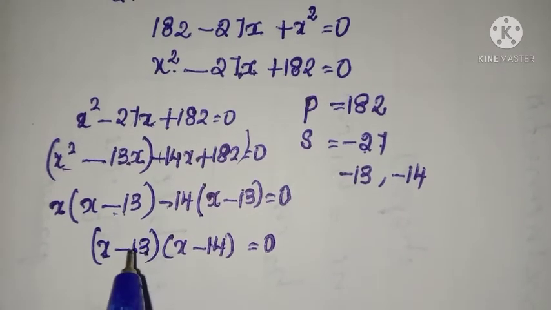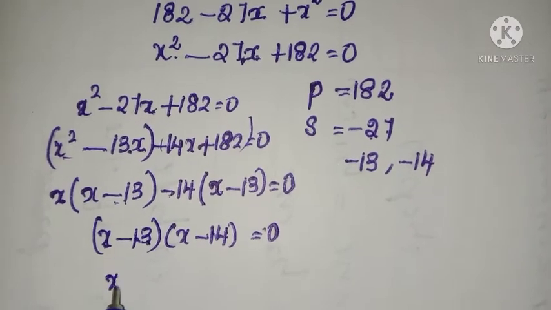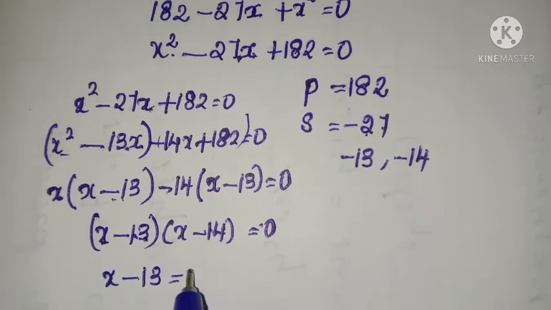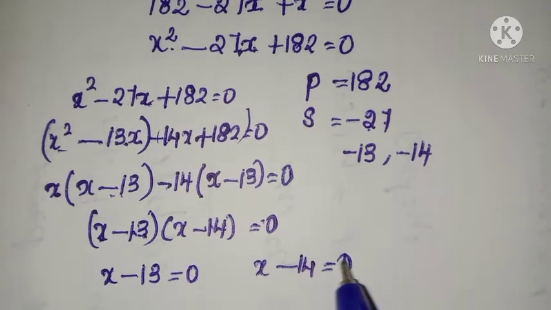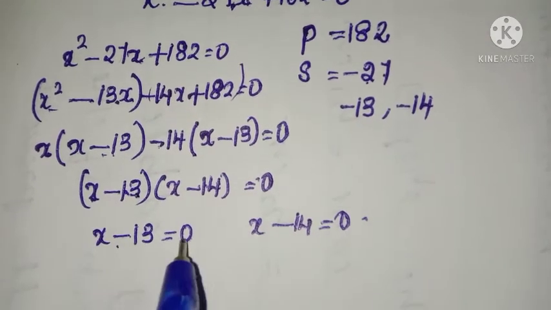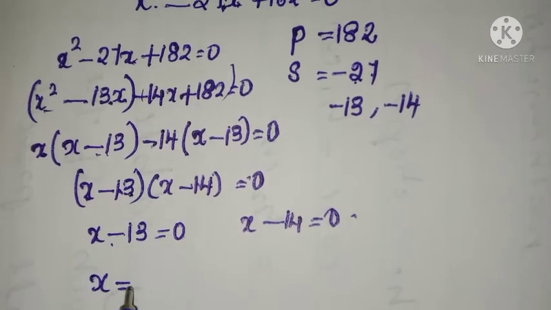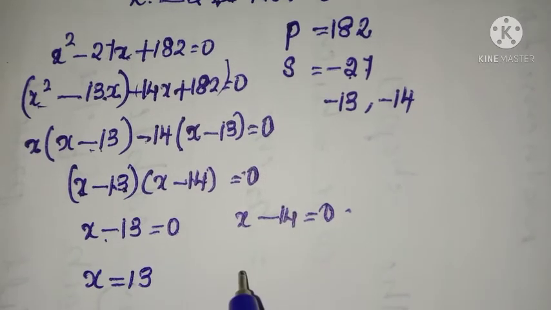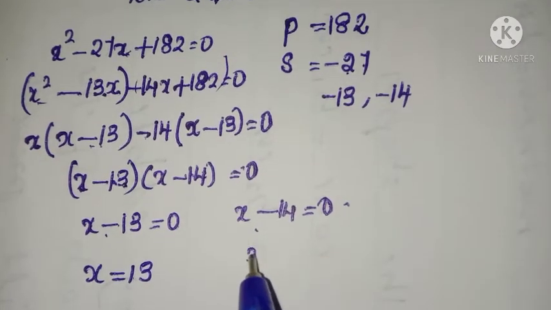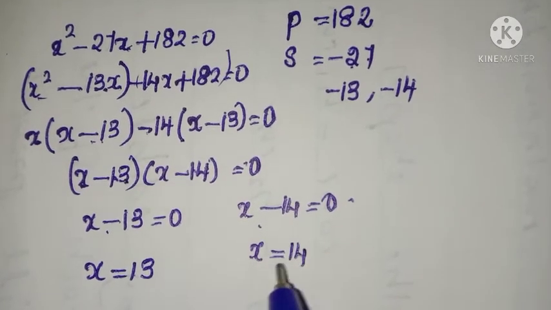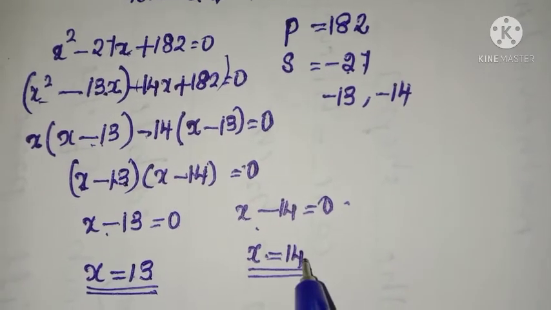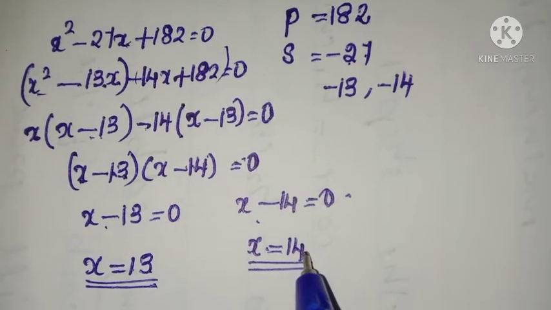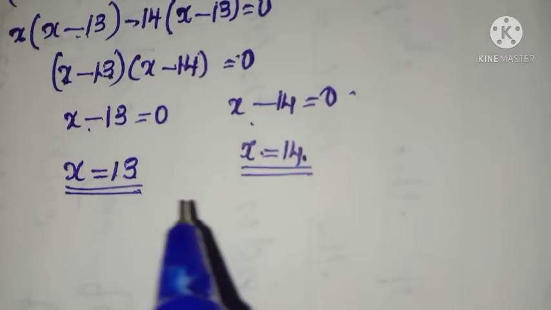Now equate each factor to 0. That is x minus 13 equal to 0 and x minus 14 equal to 0. If x minus 13 equal to 0, then x equal to 13. If x minus 14 equal to 0 means x equal to 14. So x equal to 13 and x equal to 14. These are the roots.